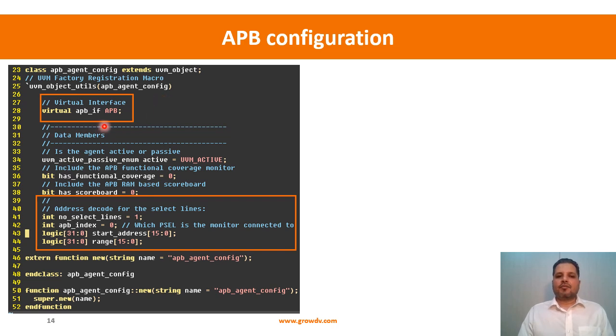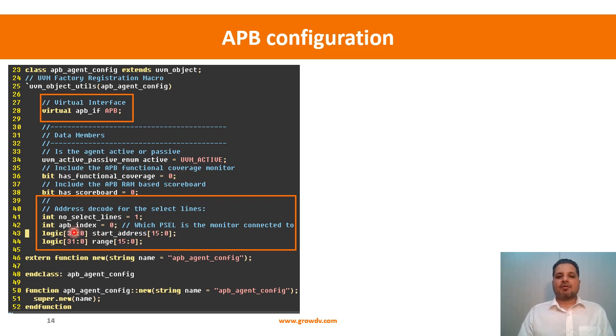Internally, if you remember, we were setting up this virtual APB interface within the APB agent config, and then we have whether it's an active or a passive agent that we can set up.